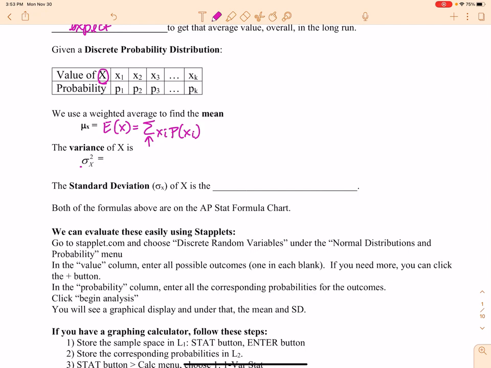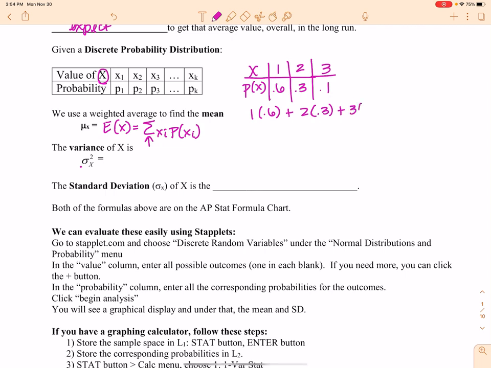As a simple example, say my possible outcomes were 1, 2, 3, and the probabilities were 0.6, 0.3, and 0.1. I take 1 times 0.6, plus 2 times 0.3, plus 3 times 0.1.